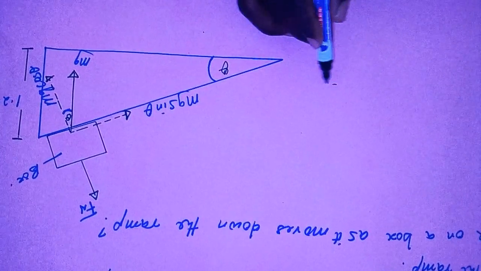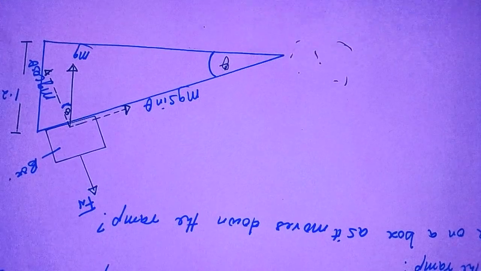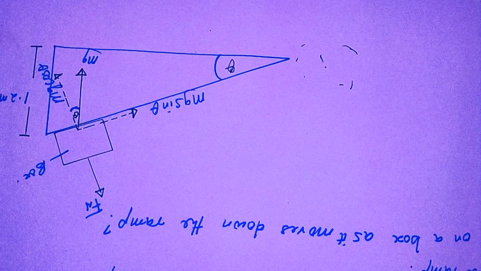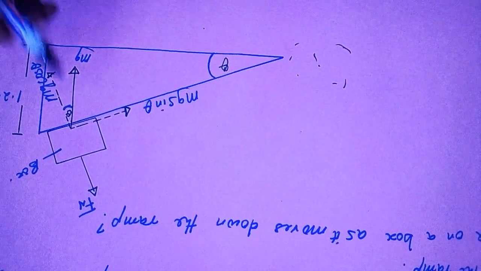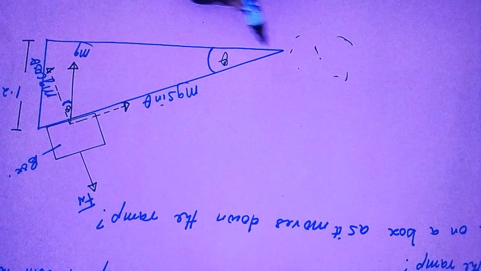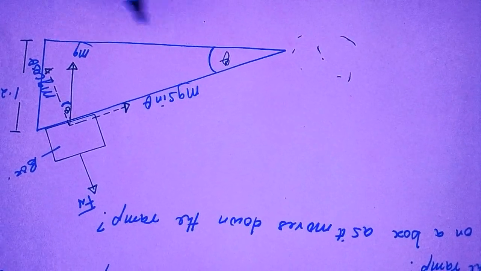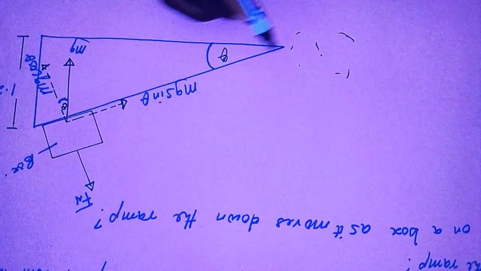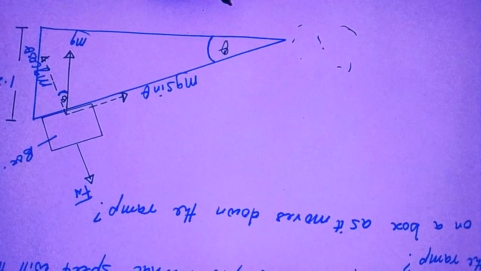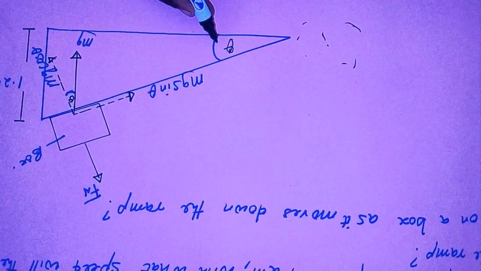Maybe there's a truck here that is loading these boxes of tomato sauce. So these boxes have to slide down the dock. Now with the horizontal, this ramp is making an angle theta, which we want to find.